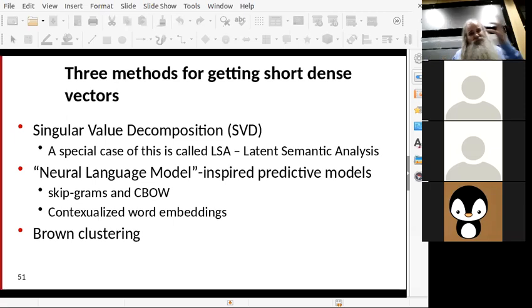It's going to do some sort of nonlinear processing through its multiple layers in order to be able to do it, and we'll talk in some details about this. Sometimes they're just lookup tables for particular words, and sometimes you have to give it full sentences where it cares about the contextualized form of the words. And the last one is going to be Brown clustering that I'm going to talk about.